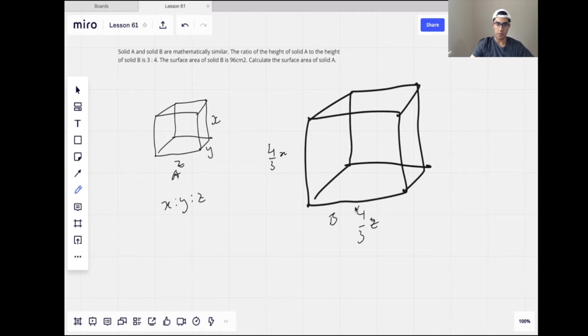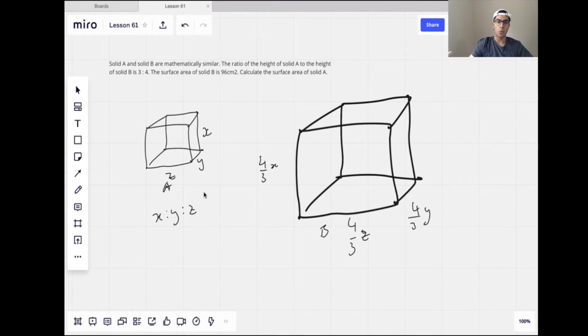Sorry, not the height, I mean the width. Just to quickly recap, the logic is that the ratio of x to y to z is the same, and if this is x, this is 4 over 3x. The only way we can maintain the same ratio is if this becomes 4 over 3z and this becomes 4 over 3y.